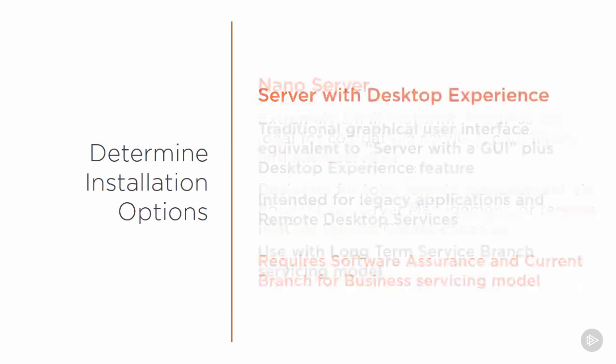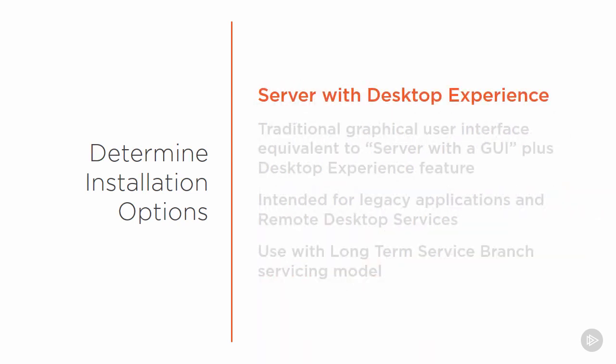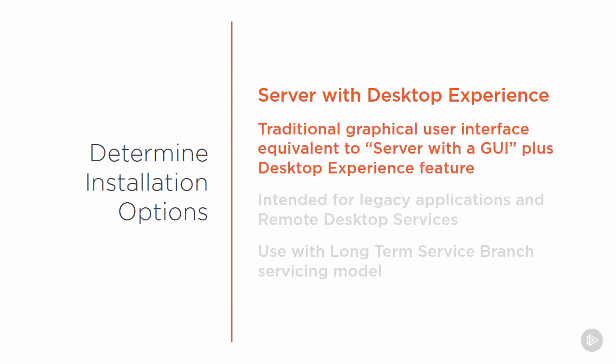Our third installation option is the Server with Desktop Experience, which, if you played with Windows Server in previous editions, you may note it is curious that we're including this last. I've said already that Microsoft really wants the full GUI experience with Windows Server to be the instance that you drift towards not using anymore. This traditional graphical user interface that you're used to working with in Windows is equivalent to the Server with a GUI installation option in Server 2012 R2.